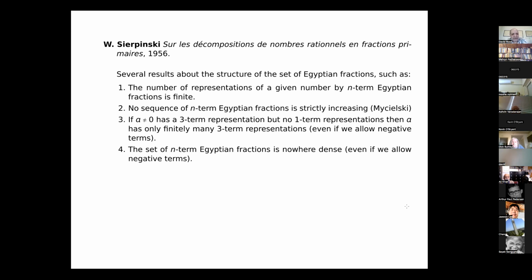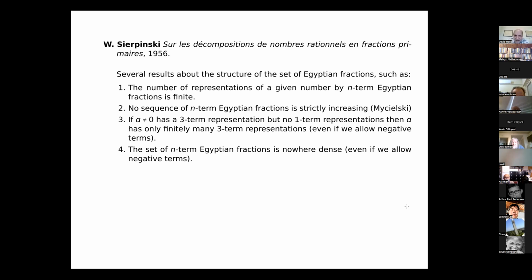So, for example, the set of distinct representations of a given number by n-term Egyptian fractions is finite. No sequence of n-term Egyptian fractions is strictly increasing. Sierpinski attributes this to Michalski. What does that mean? I don't understand. So an Egyptian fraction is just a real number, right?